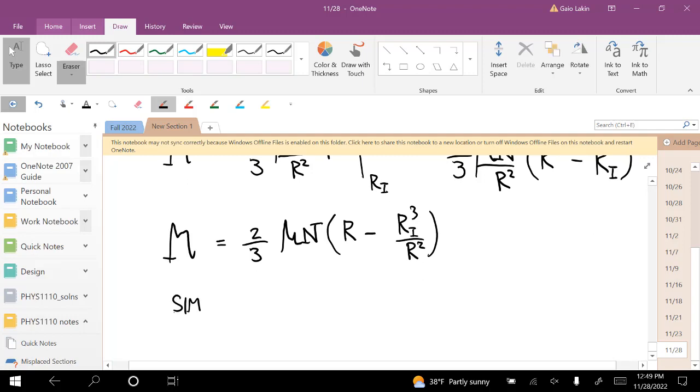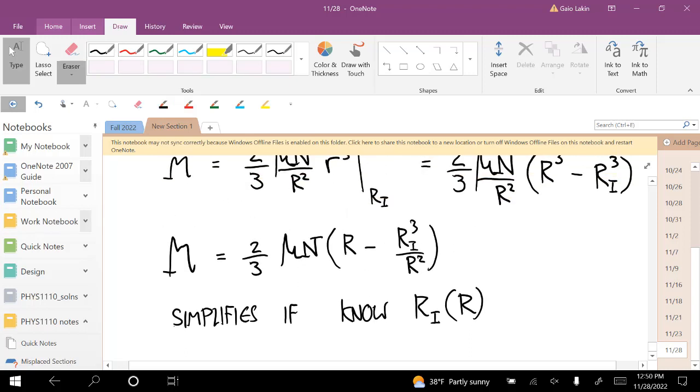It simplifies if you know R inner as a function of R. So like if it's half of the outer radius or something, then that formula simplifies. It also simplifies if it's a solid cylinder.